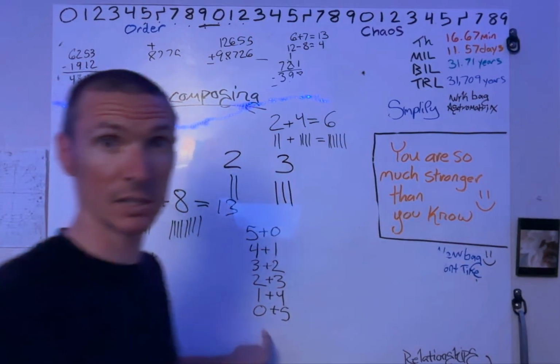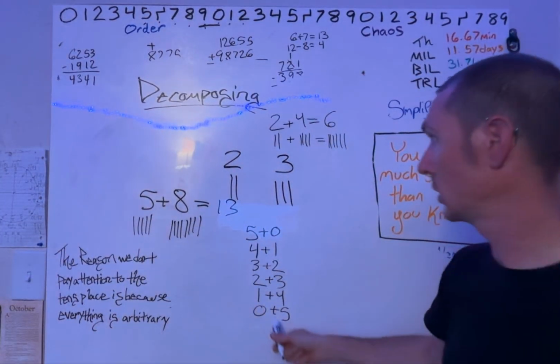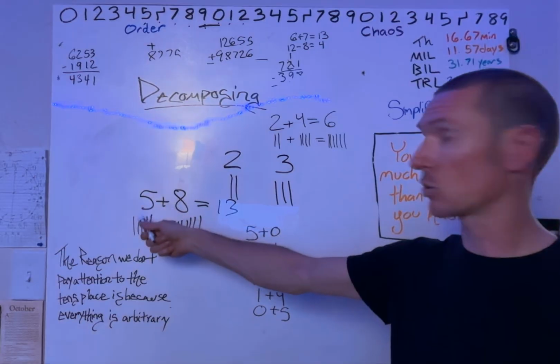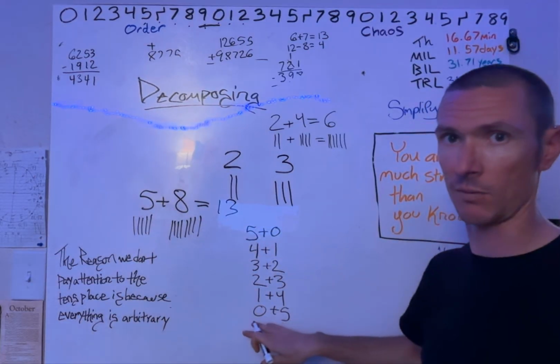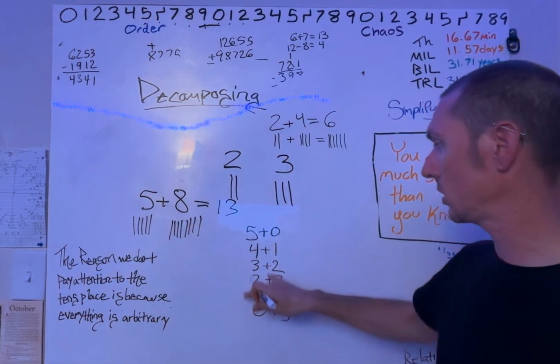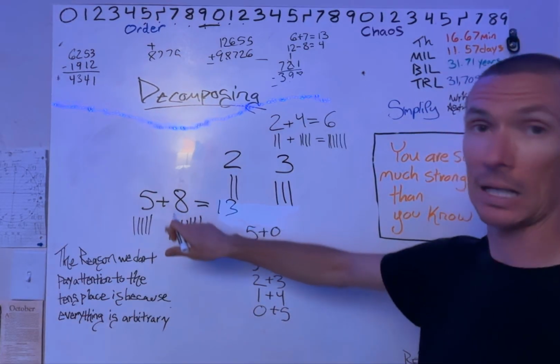Every single one of these equals 5. So when we run into a situation where we have a 5, you can just break that 5 up into any of these.